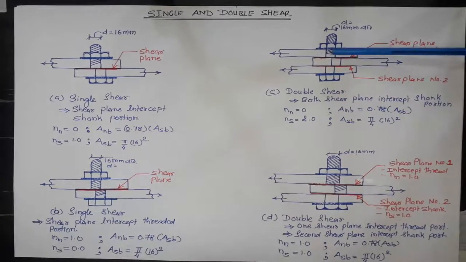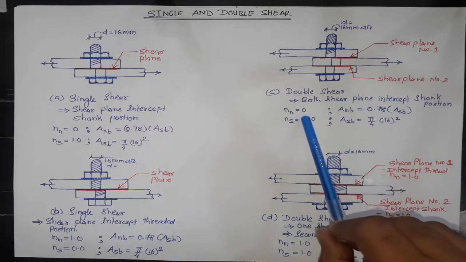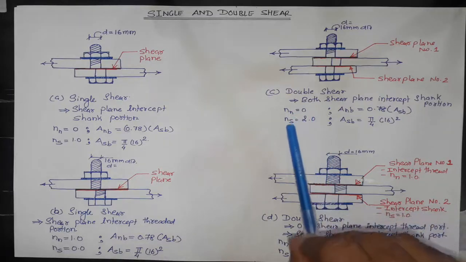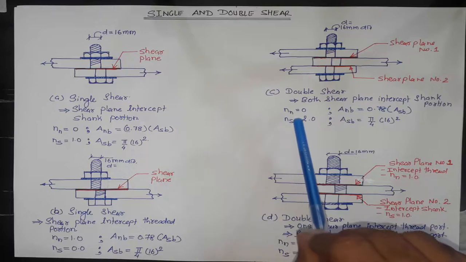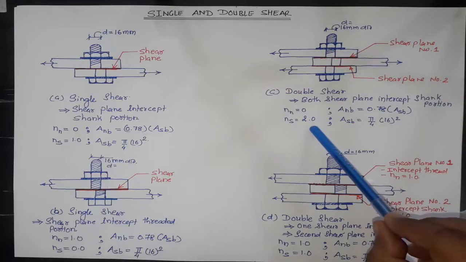The thread starts above the third plate. Therefore NN, the number of shear planes intercepting the thread portion, is 0, whereas NS, the number of shear planes intercepting the shank portion, is 2.0.